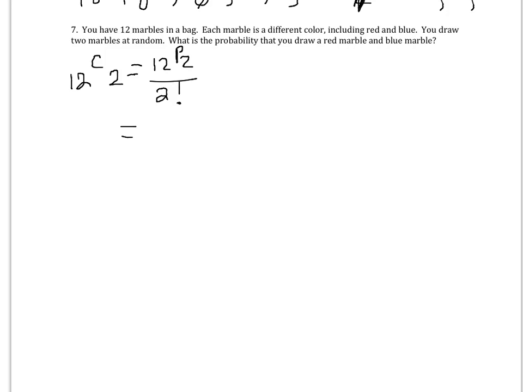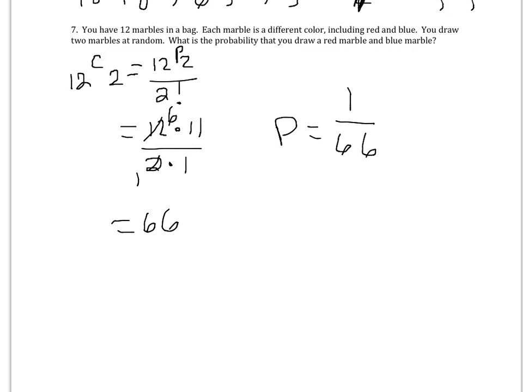So you would say 12 times 11 divided by 2 times 1. That would be 66 ways. Now for the probability, how many ways could we possibly get one red and one blue? Well, 1, because it doesn't matter the order. So you have a 1 in 66 chance of doing that.